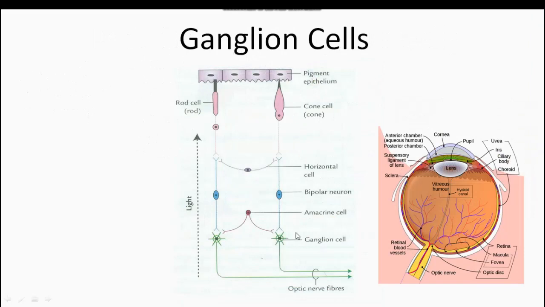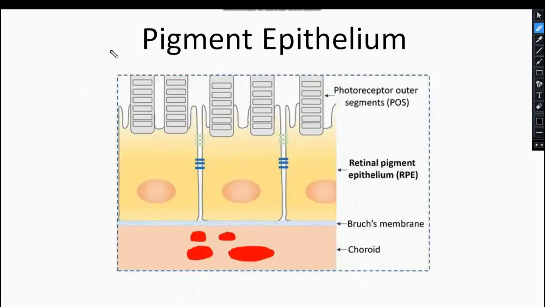The ganglion cells are multipolar, you can see the dendrites here, and the nerve impulse through the ganglion cell reaches the optic nerve fiber. The last and outermost layer is the pigment epithelium, over which the light rays fall.